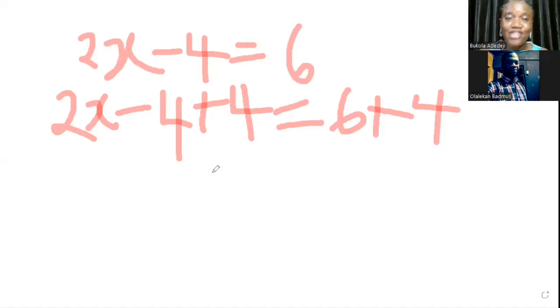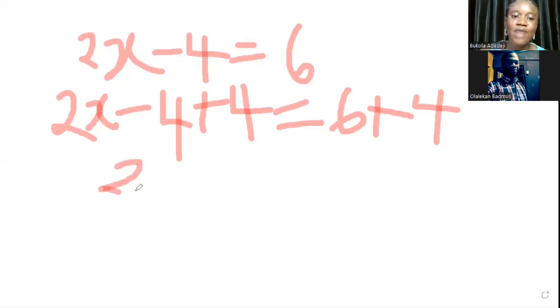So I expect that you already know that minus 4 plus 4 will give you 0. Minus 1 plus 1 will give you 0. As long as it's the same number, plus on one side, minus on the other, when you perform that operation, you get 0.